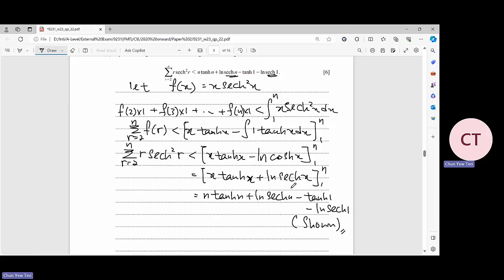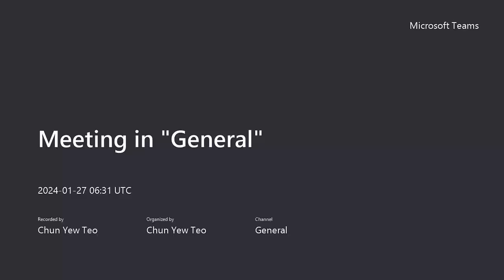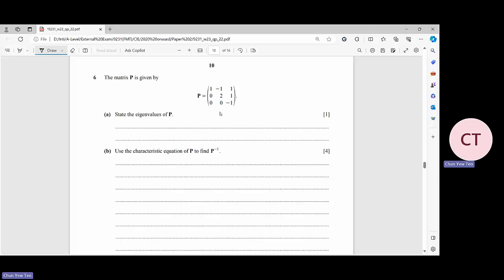Okay, so now we move on to question number 6, state the eigenvalue. For this, you can see that the lower triangle is all 0 over here.